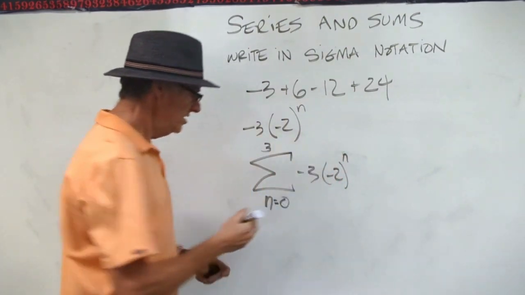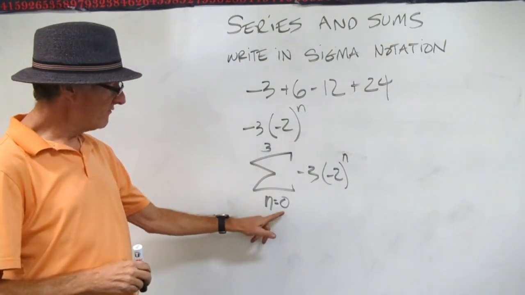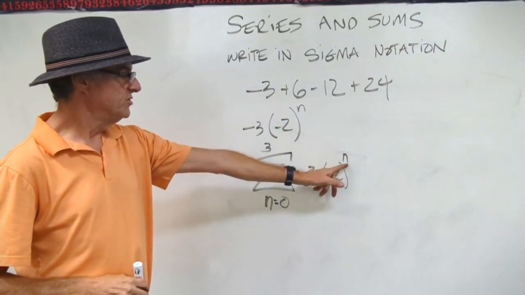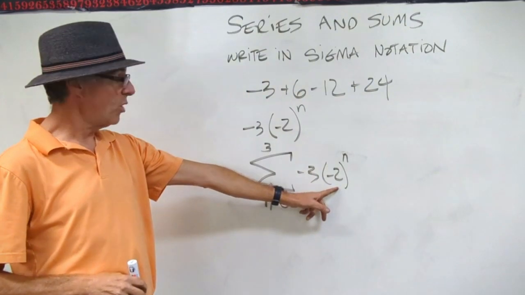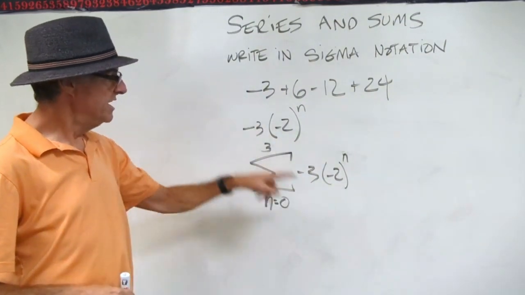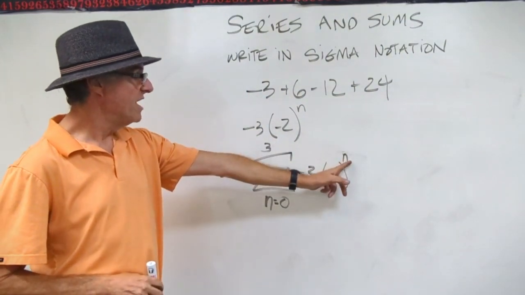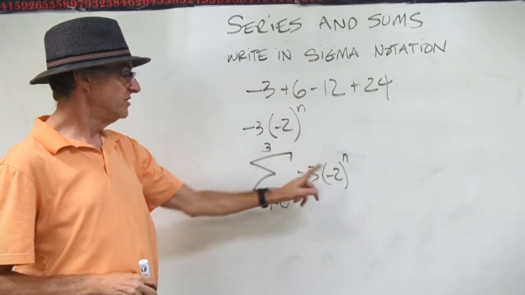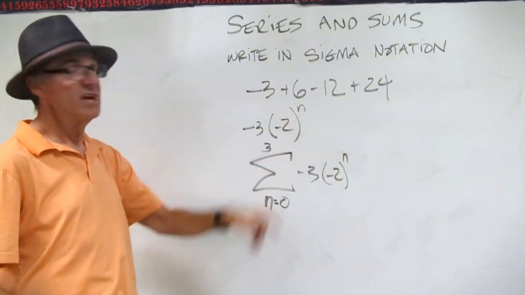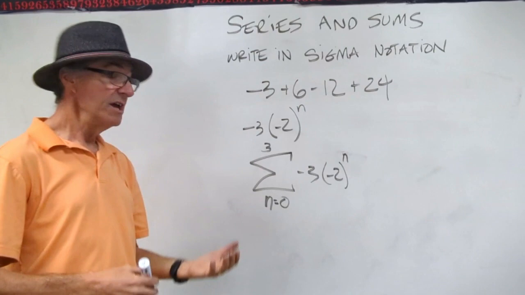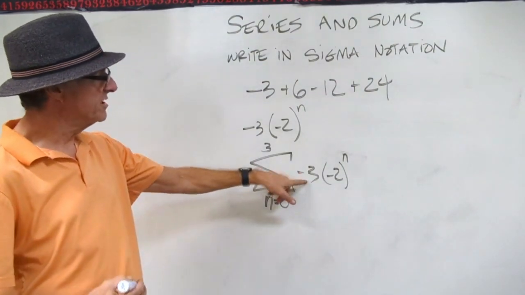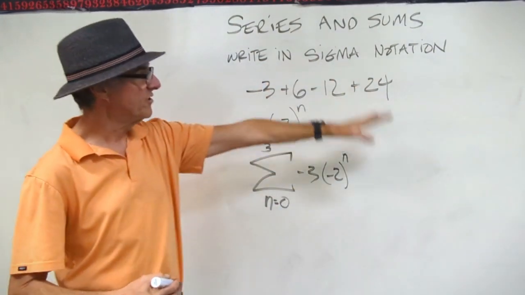Here's my formula. So first I count from 0. So negative 2 to the 0 is just 1, so that gives me -3. Negative 2 to the 1 is -2 times -3 gives me +6. Negative 2 to the 2 is +4 times -3 gives me -12, and so on.